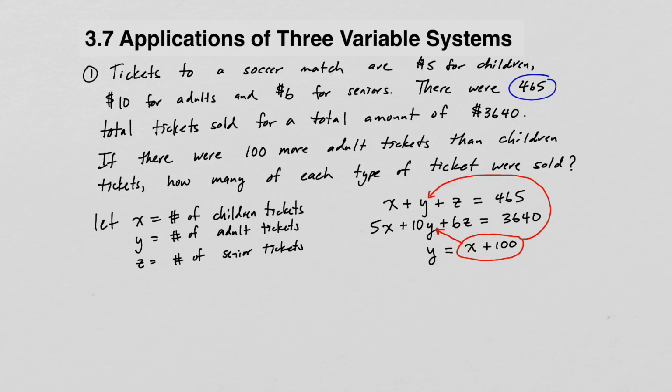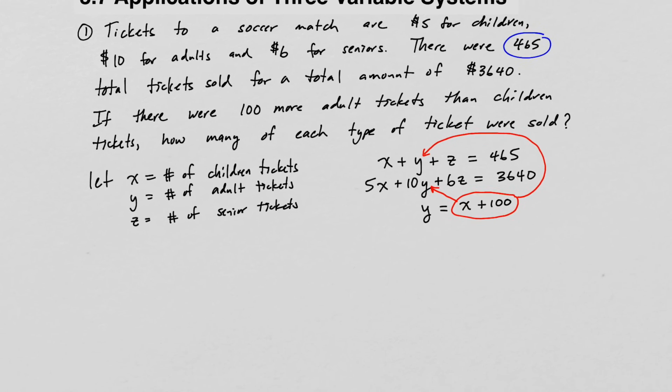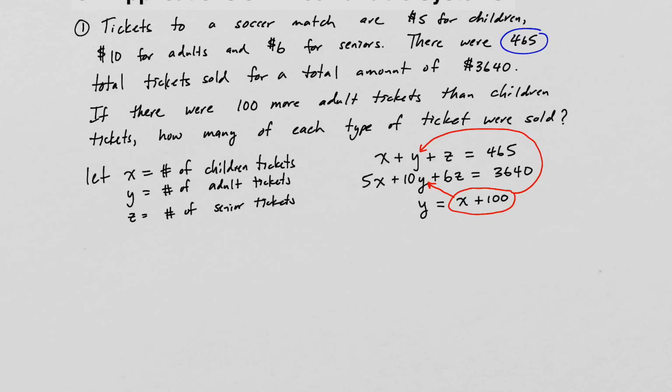So if I do those substitutions, here is what we're going to get. So I went ahead and made those substitutions, plugging x plus 100 into here, which gives us this, and plugging x plus 100 into here, which gives us this.